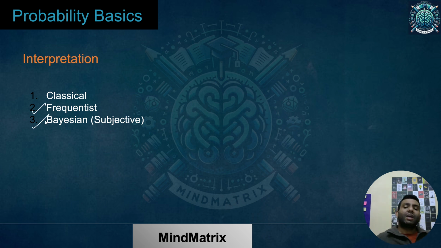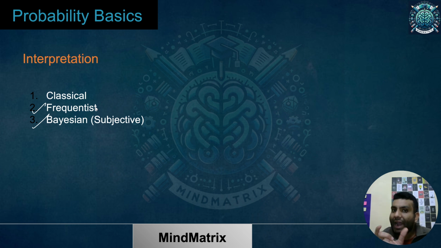The classical interpretation of probability tells us that there are equal chances of every possible occurrence. It is about equiprobability, and that's what we study when we are very young, when the probability chapter comes for the first time. For example, it is always mentioned that there is a well-shuffled deck of cards, an unbiased coin, a fair dice.